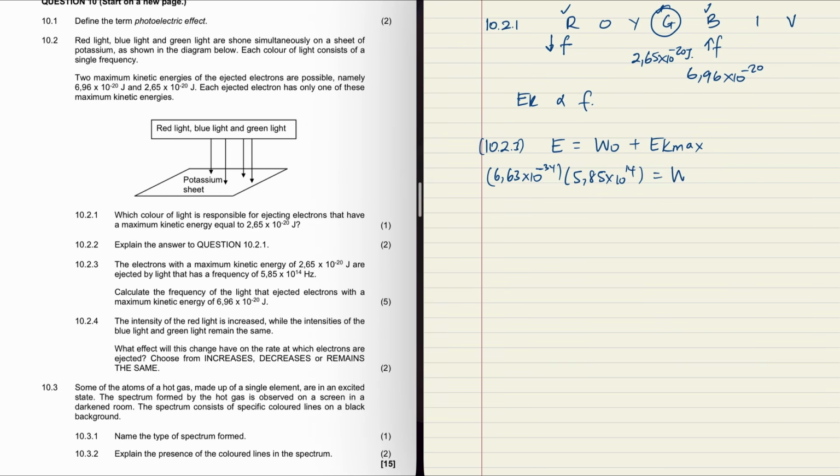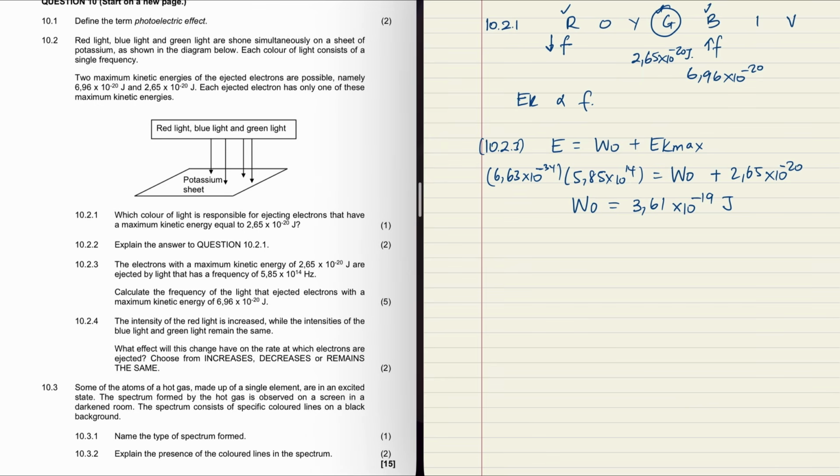That's equal to W naught. That's the work function of the potassium metal. We don't know what that is, so we leave it as W naught. And then plus the kinetic energy, so 2,65 times 10 to the power minus 20. We can then solve for W naught. W naught is equal to 3,61 times 10 to the negative 19 joules.